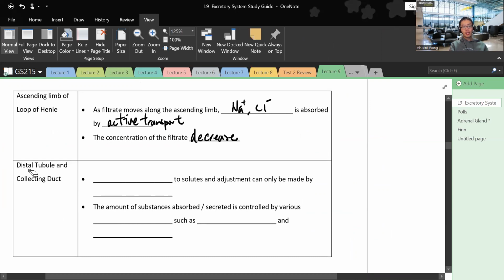So that takes us to the last two parts, the distal tubule and the collecting duct. These locations are impermeable to solids, and adjustment can only be made by hormones.